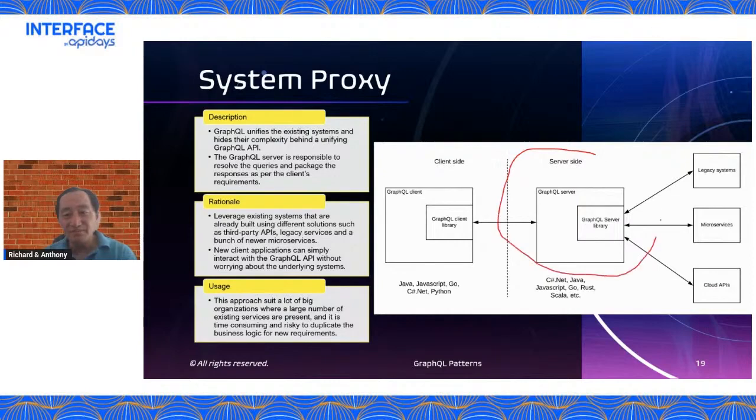Rather, we have the GraphQL server here. The client keeps talking in the way designed for GraphQL query or creation. Then this server parses that request. Then, with these individual systems, it can retrieve the data, send a request, or even work in an asynchronous way. So this provides a proxy to existing applications or services.